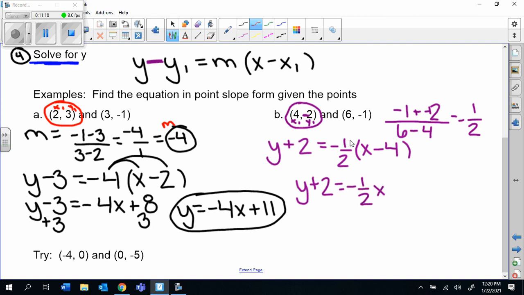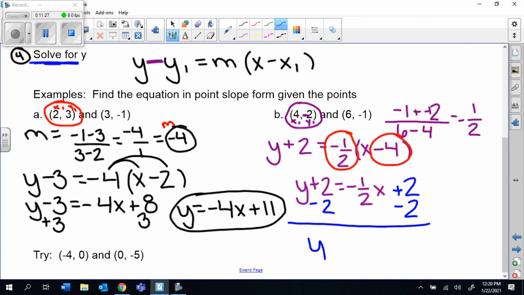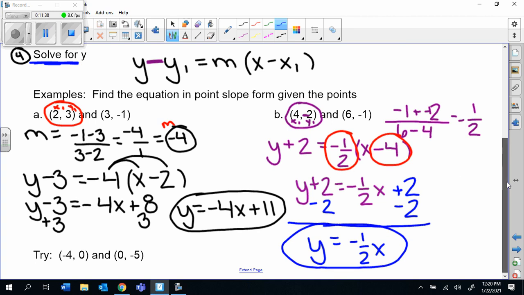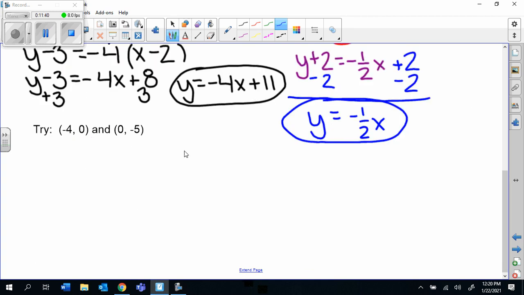I have -1/2 times -4, which turns into a +2. Oops, I accidentally changed colors there. And so then I'm going to subtract this 2 to the other side, and I get y equals -1/2 x. And then the 2's drop out, so you can add in that +0, but normally we would just leave it as is. All right, you can go ahead and pause the video and try this.